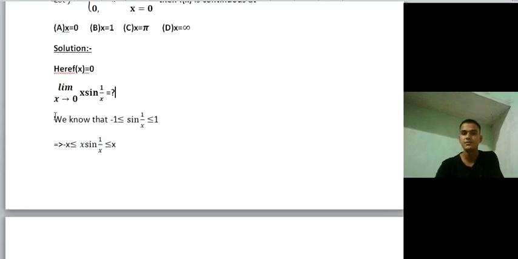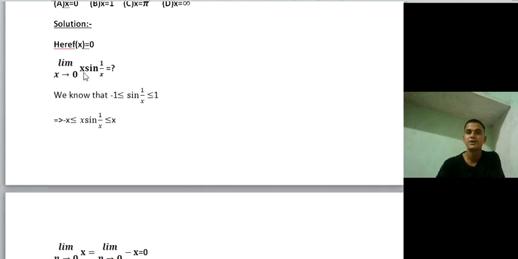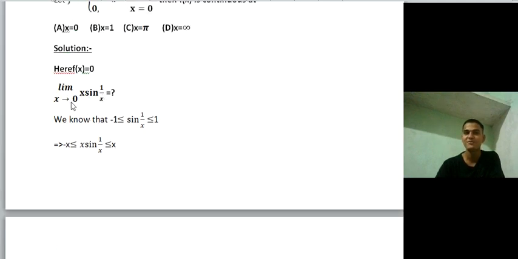I have also mentioned how we can find the limit of this by using the Sandwich theorem. We knew that the limit of this is equal to 0, and we can also find it using the Sandwich theorem.